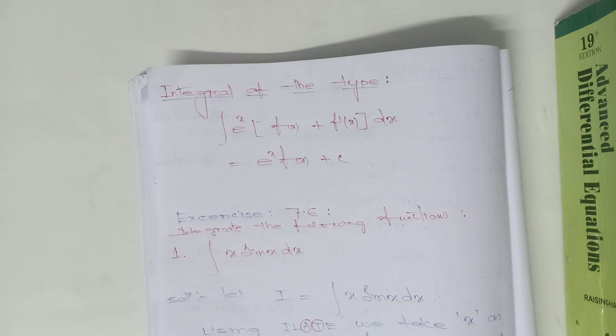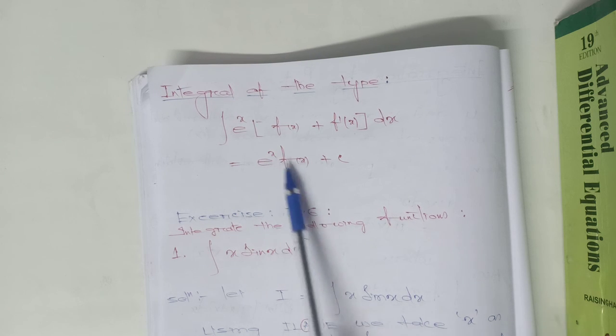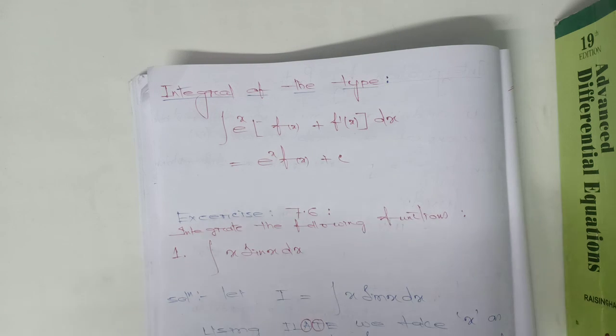These results can be established by using the integration by parts method, and this standard result, e to the power x f(x) plus c, you can use directly while integrating other functions. So students, I hope all of you understood the concept of integration by parts.